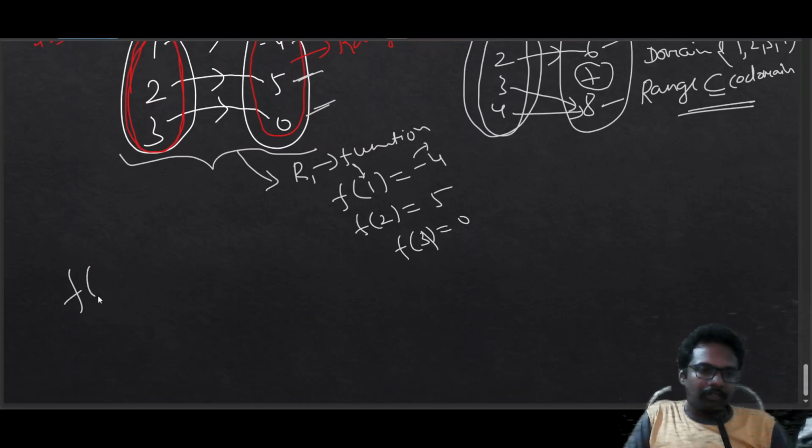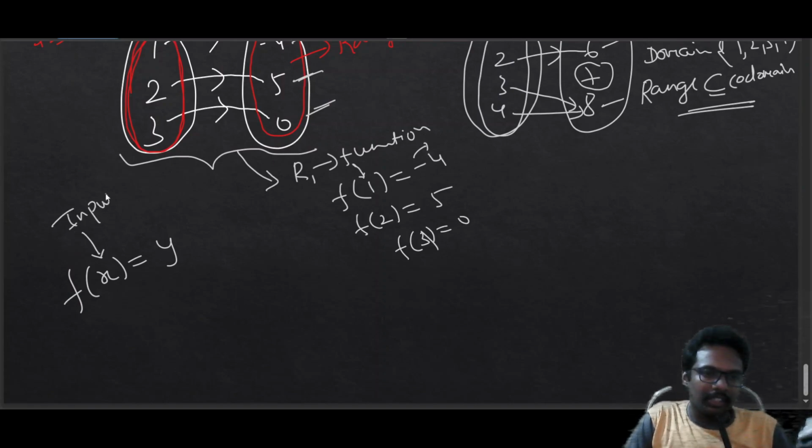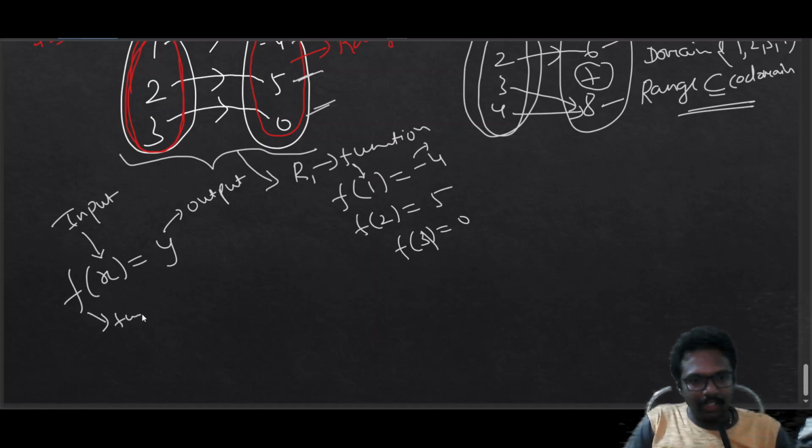So f of x equals y. This x is nothing but the input and this y is nothing but the output. f denotes that it is a function. So in a function, if you input some value, we get an output y.